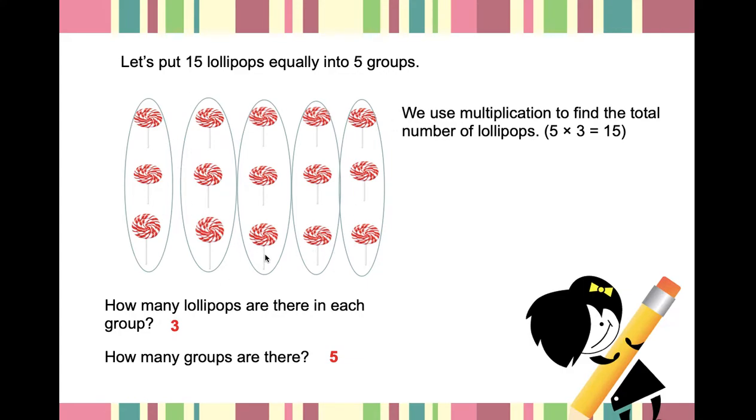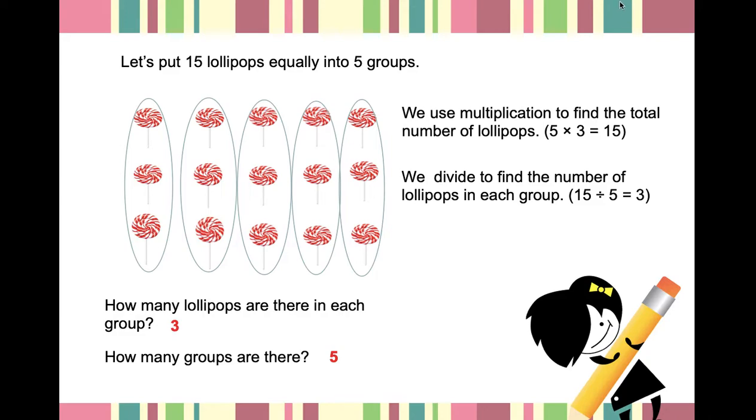What is the easiest way to do that? That is 5 groups into 3 lollipops, 5 times 3 equals 15. At this stage, I would highly recommend you learn the 5 tables by heart, and this is really going to help you for this lesson.